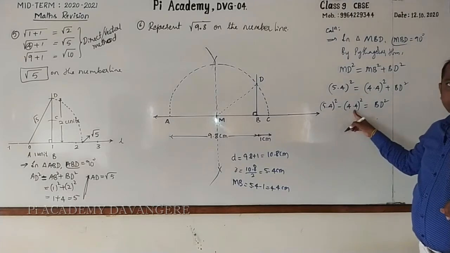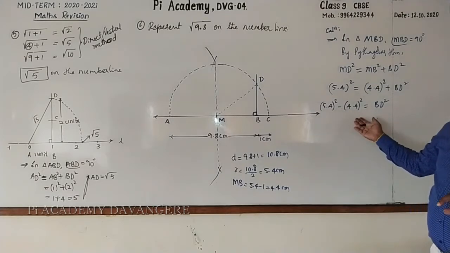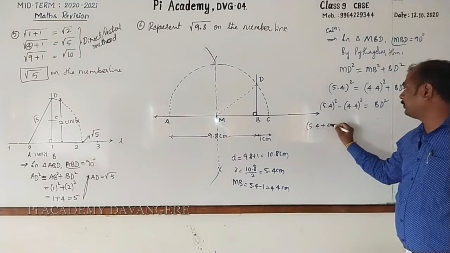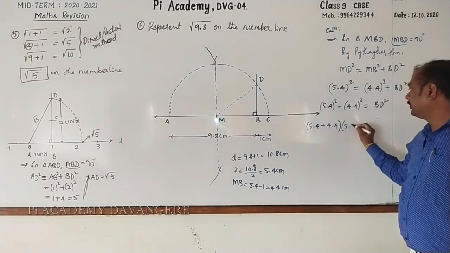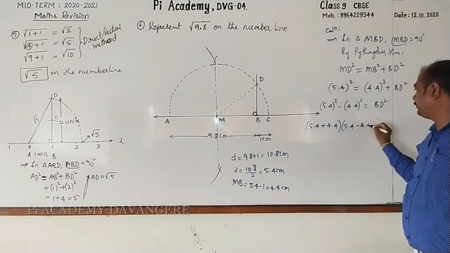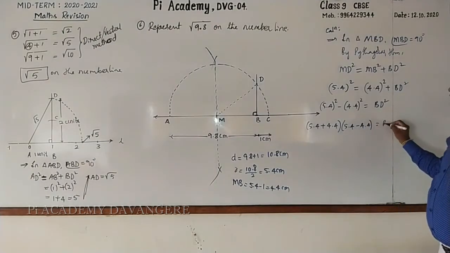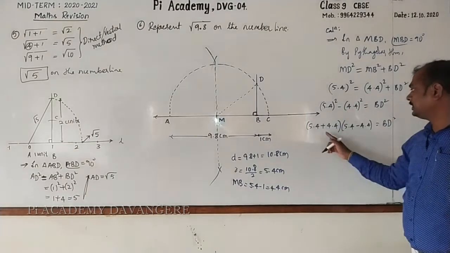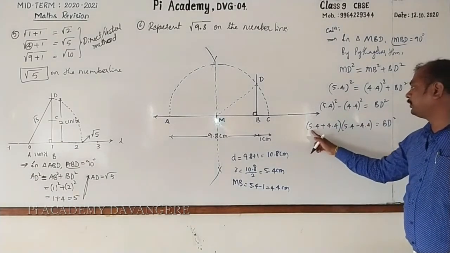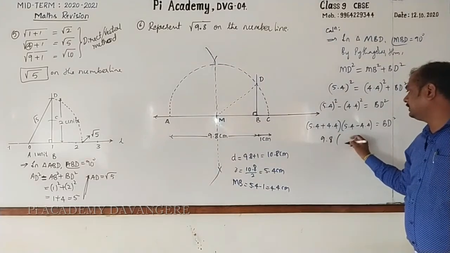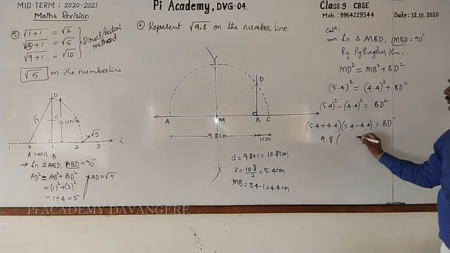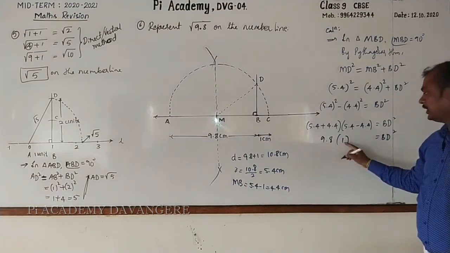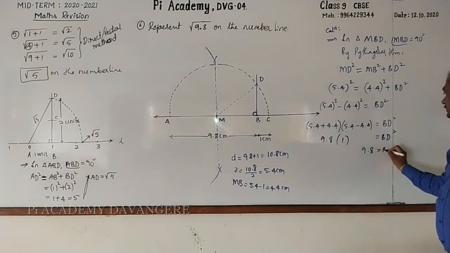It is of the form A square minus B square, which can be written as A plus B into A minus B. That is 5.4 plus 4.4 into 5.4 minus 4.4 is equal to BD square, because calculation will be easy by using the identity. 5.4 plus 4.4 is 9.8. 5.4 minus 4.4 is 1. So BD square is 9.8 ones, 9.8.